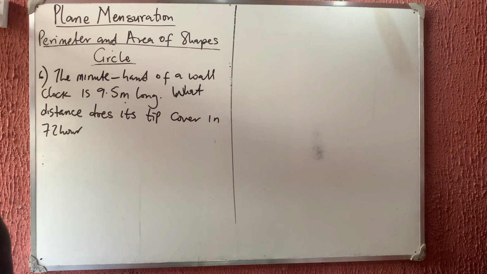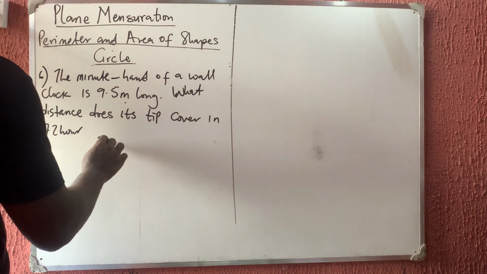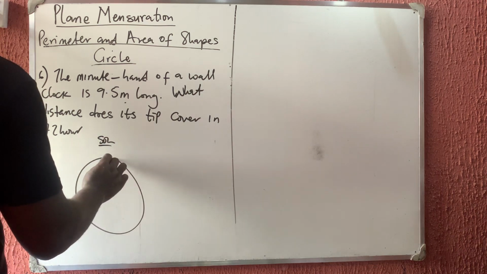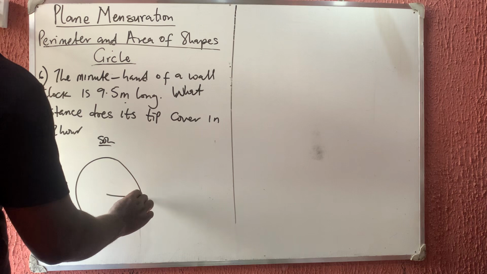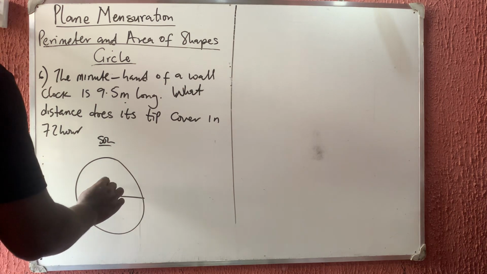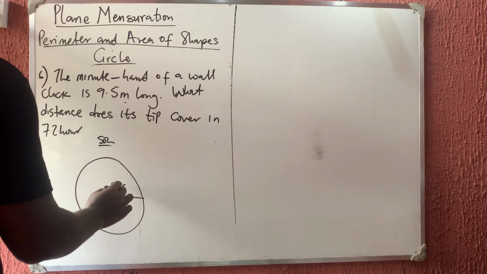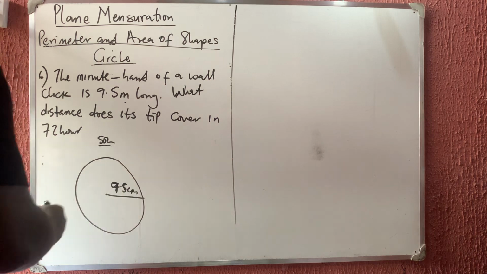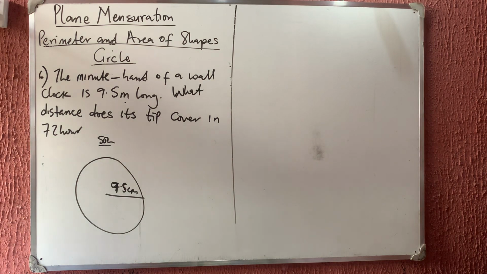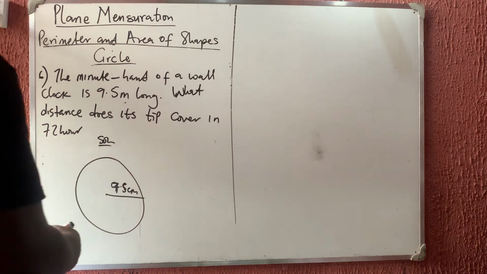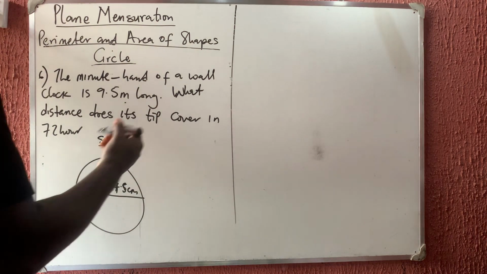So now, what do we do? Solution. Now we have a clock like this, and let's say that this is the minute hand. This minute hand, they say, is 9.5 cm. Then what distance does it cover in 72 hours? First of all, we need to find the perimeter of this circle, that is the circumference of the circle.